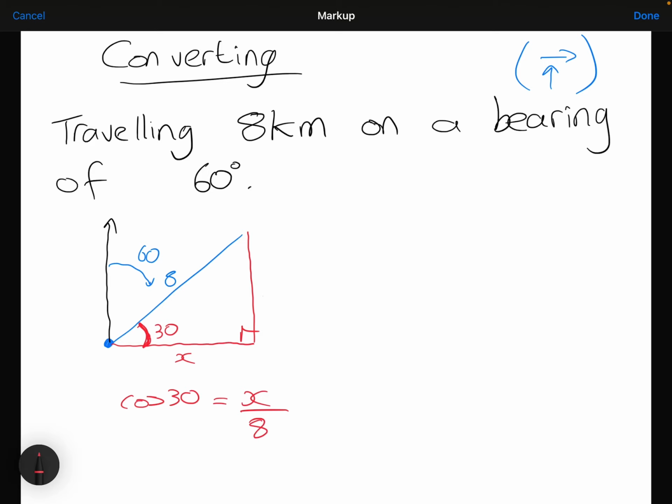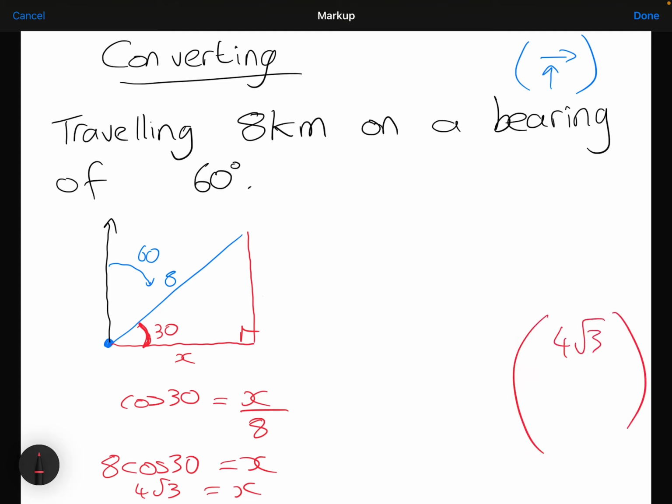And if I now multiply both sides by 8, 8 times cos 30 equals x. And if I type that into my calculator, I get 4 root 3 in its exact form. So straight away I know that I'm going across 4 root 3.